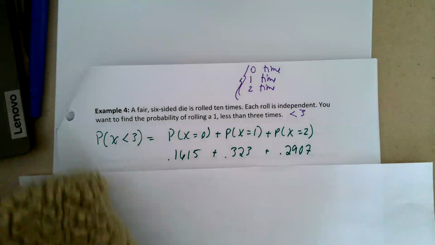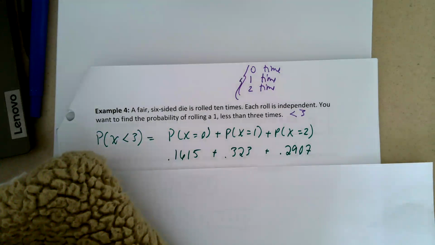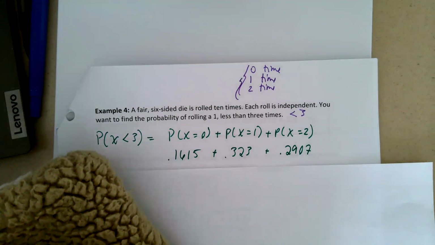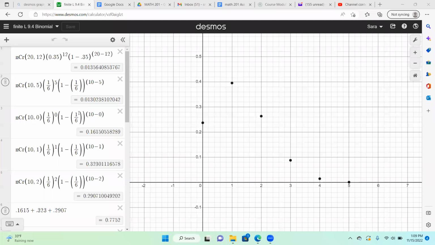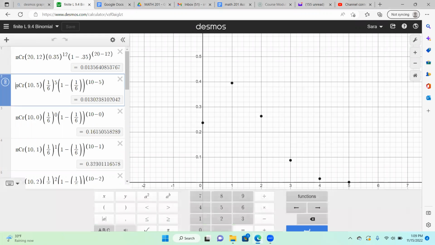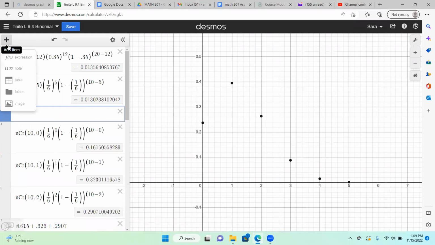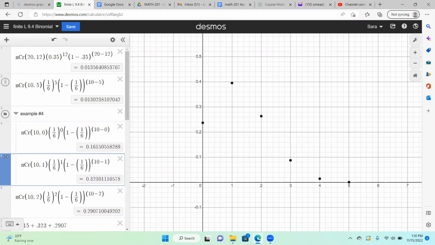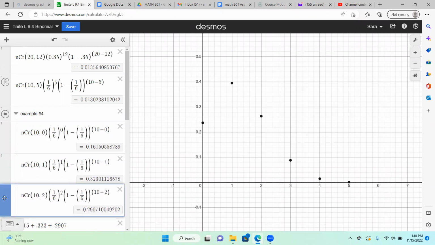So you can see that I did these in Desmos, in the Desmos link. So this is there is 0 of them, there is 1 of them, 0.323, and there is 2 of them.